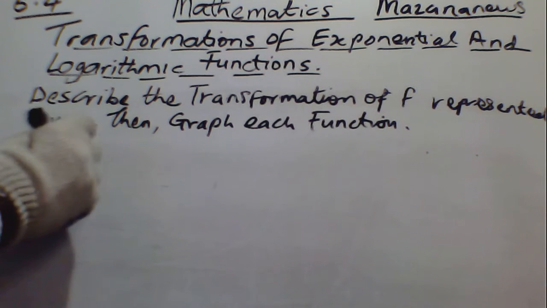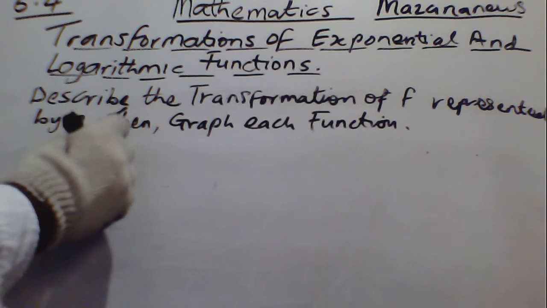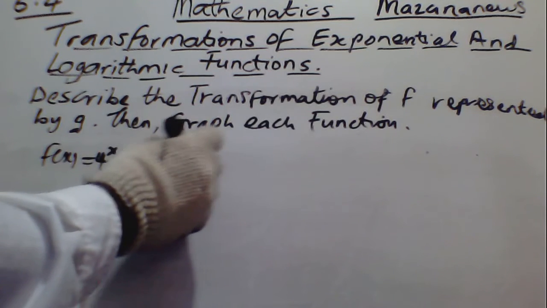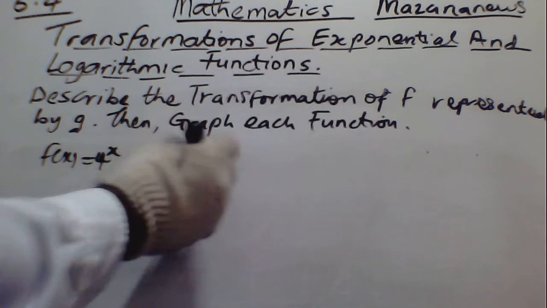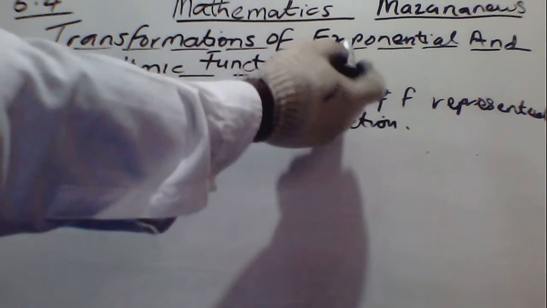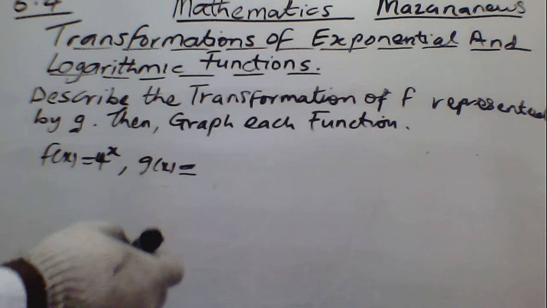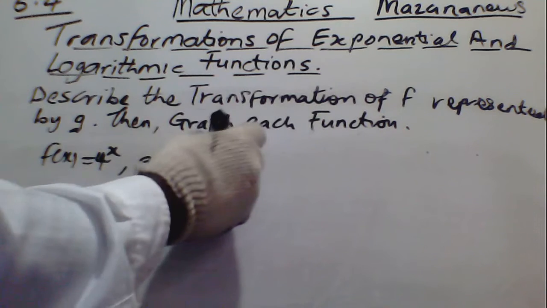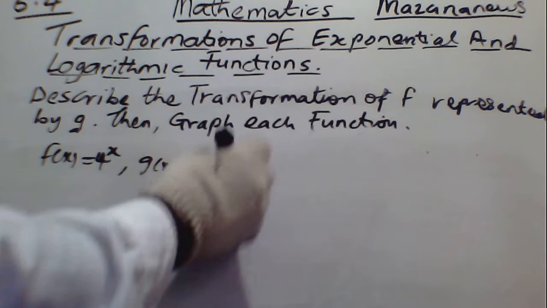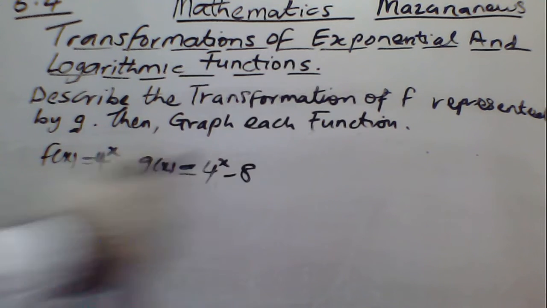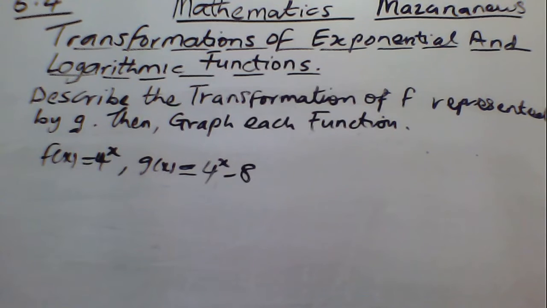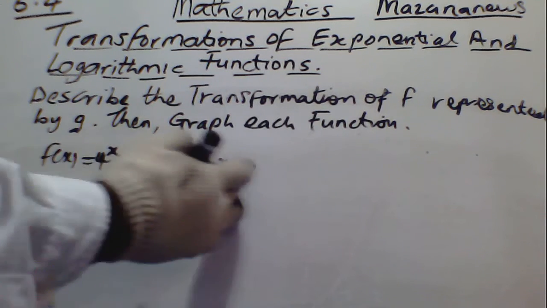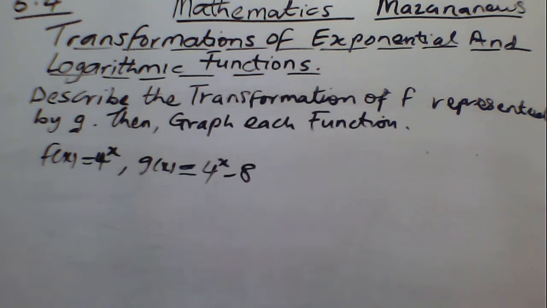That is f of x equals 4 raised to power x and g of x equals 4 raised to power x minus 8. All we are doing now is graphing exponential functions. We will still come to logarithms. If you look at this function, you will see that 4 raised to power x is separate from minus 8.